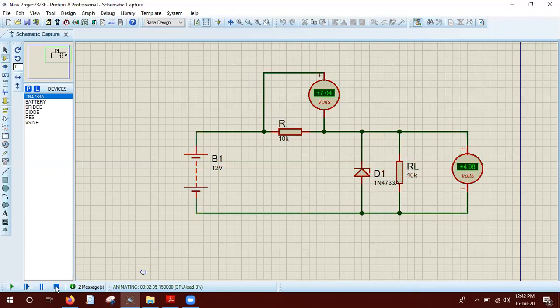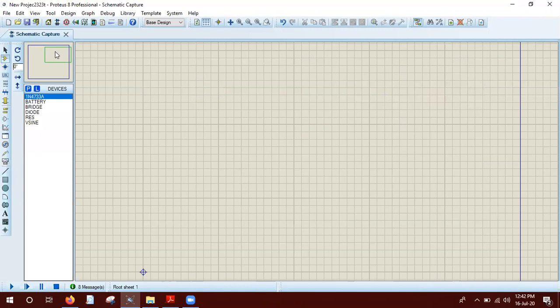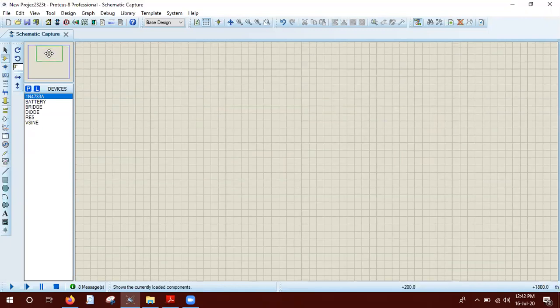Oh my God, it was in simulation. That's why it is not removed. Now it will be removed. Okay, next we start with the battery source one more time. Then we will use two resistances. Suppose one resistance here.